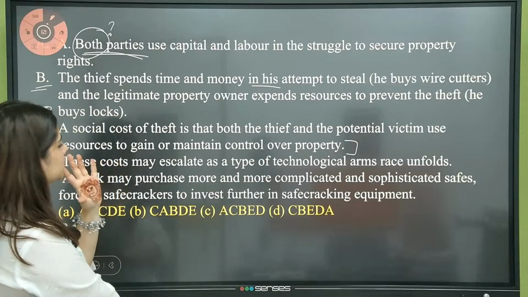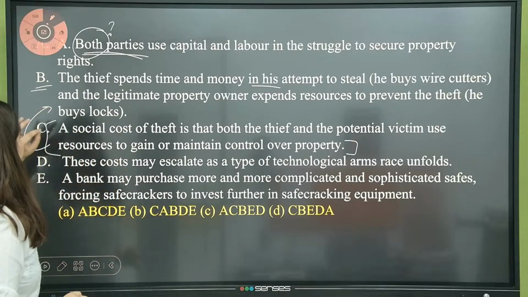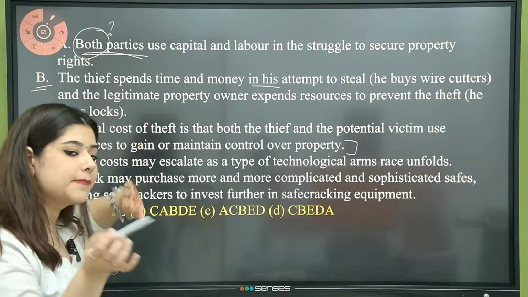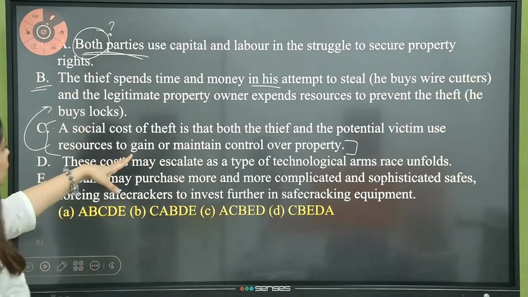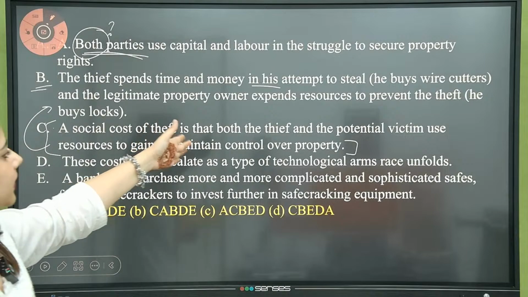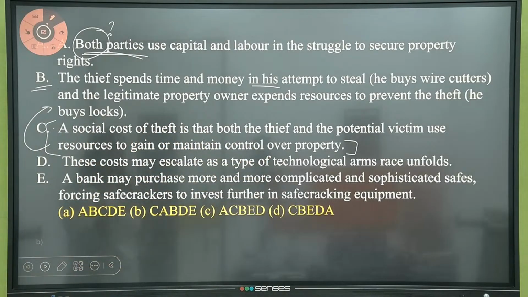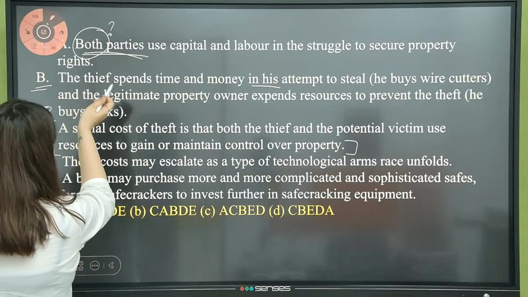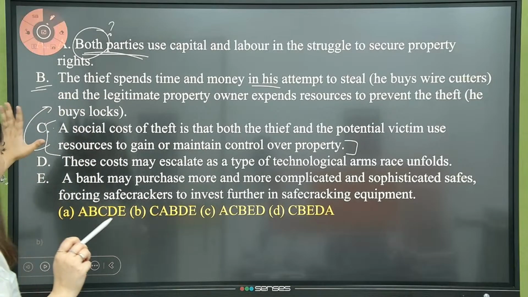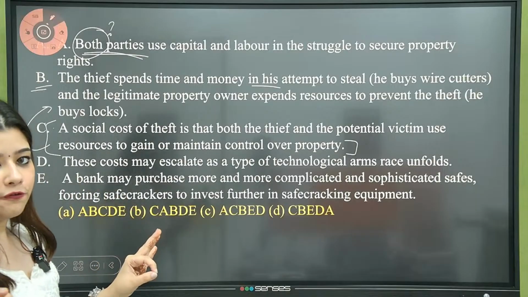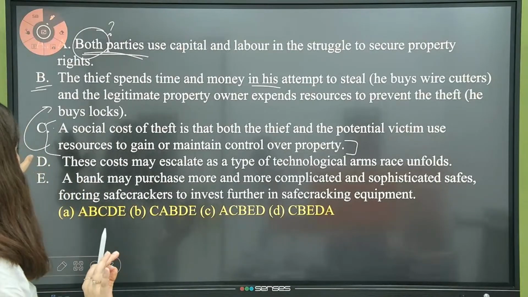One thing that we know for sure is that C in any circumstance should come before B. C has introduced an idea. A social cost of theft is that both the thief and the potential victim use resources to gain or maintain control over property. And then B has elaborated upon that idea. So C should come before B. By now, we know that for sure.